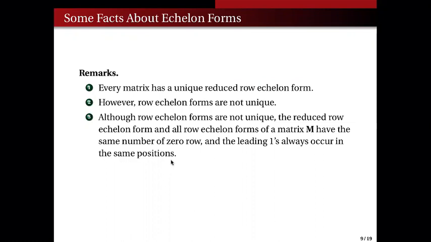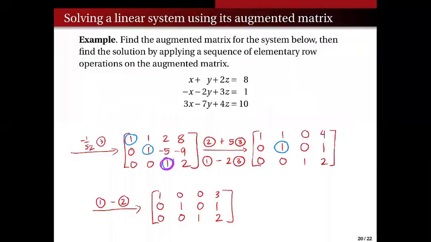So for example, say this is in row echelon form. This is in reduced row echelon form. There are no 0 rows here, so we'll not talk about that. But let's look at the leading ones. The location of the leading one here is the same as this.